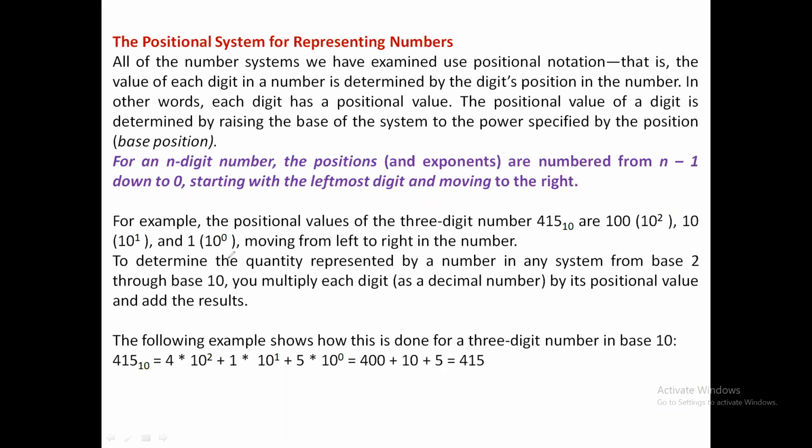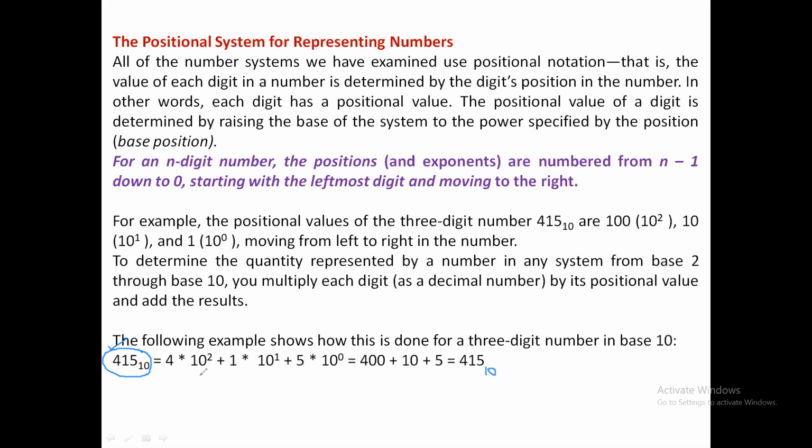To understand this, for example, assume that we have a number in decimal number system. Assume it as 415 of base 10. 415 of base 10 is in decimal number system, and if you calculate the positional values of this, you should get the equivalent value in decimal number system, that is to the base 10.